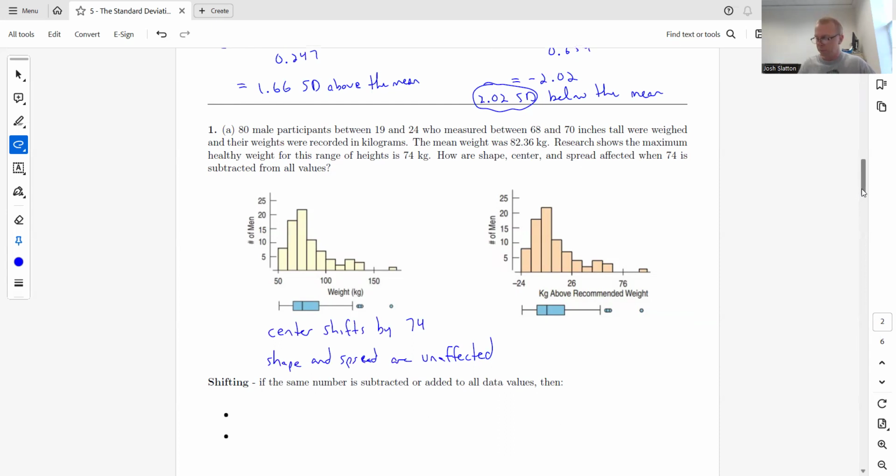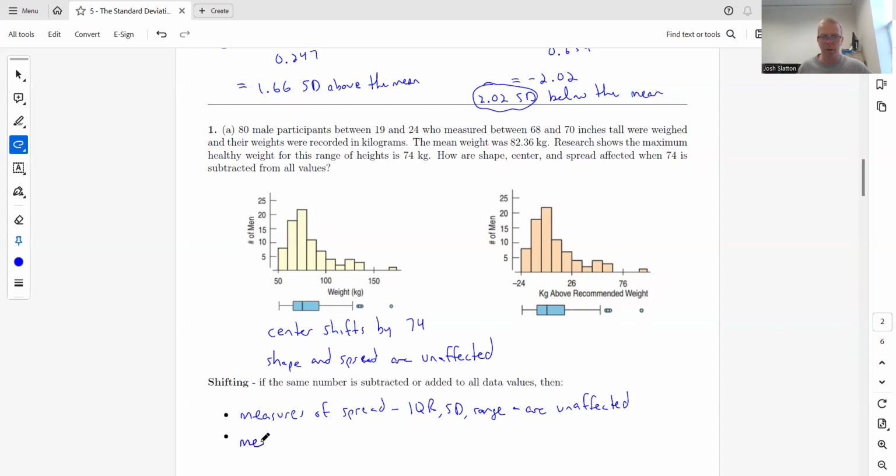All right, so if the same number is added or subtracted to all the data values, then measures of spread are unaffected. Now, what are the measures of spread? That might be a good thing to make sure you know. We were talking about IQR, standard deviation, and range. These are unaffected.